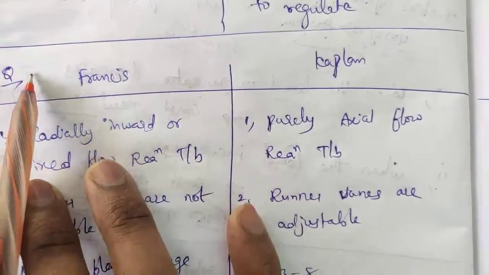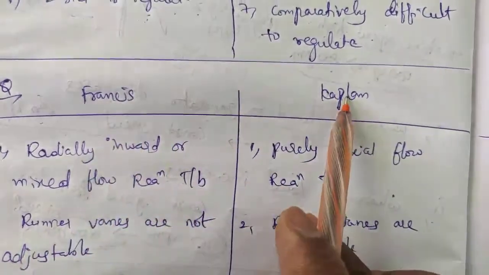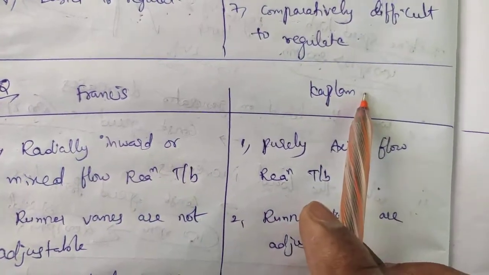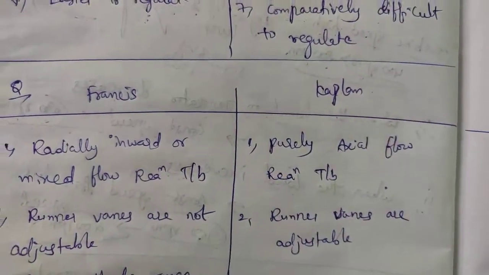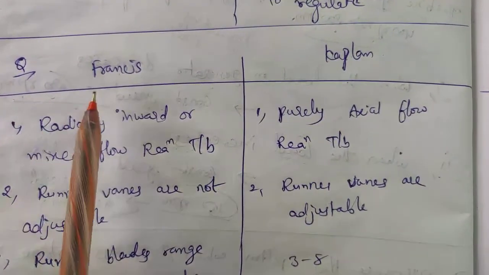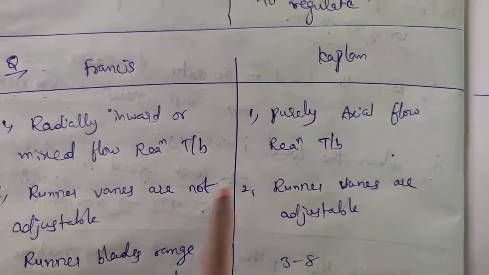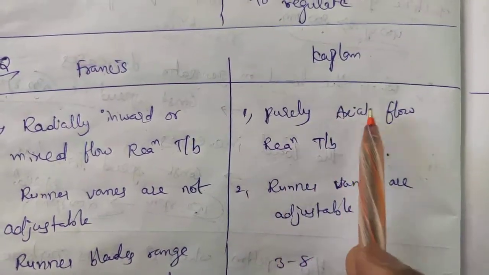Another important question is difference between Francis and Kaplan turbine. Francis and Kaplan turbine both are examples of reaction type turbine. Francis turbine is a radially inward or mixed flow reaction turbine. Kaplan is a purely axial flow turbine.